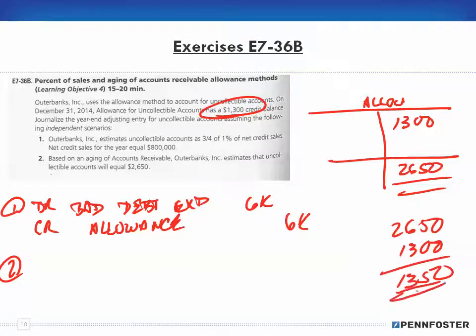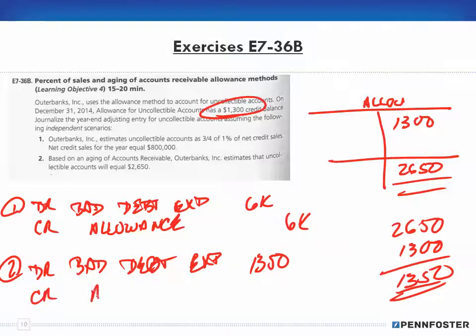So that's what we're going to make our adjusting entry for. So I'm going to have a debit to bad debt expense for $1,350, and I'm going to credit my allowance account for $1,350. Okay. And so those are my journal entries for number one and number two.